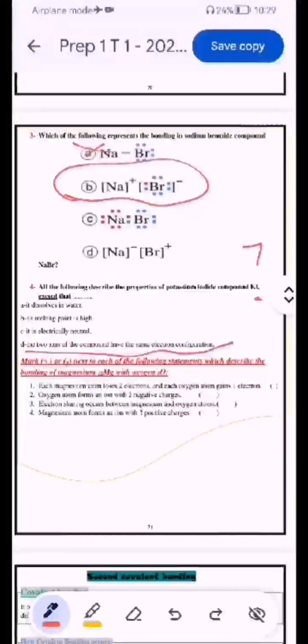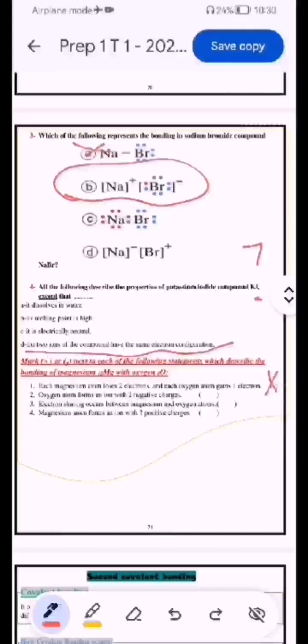Number 2. Mark true or false next to each of the following statements which describe the bonding of magnesium and oxygen. As we said, magnesium is a metal and oxygen is a non-metal, so electrostatic attraction occurs between them and forms an ionic compound. Each magnesium atom loses 2 electrons and each oxygen atom gains 1 electron only.